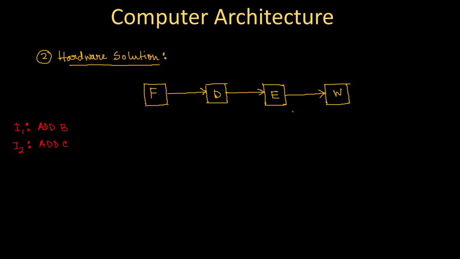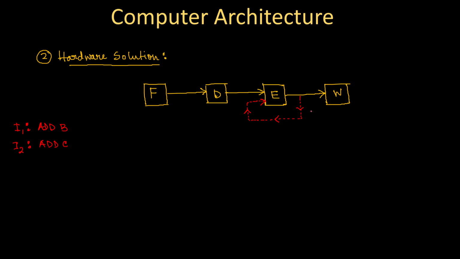then one thing we can say is that I can consider here a feedback path, a feedback path in this direction that will be input to the execution unit itself.